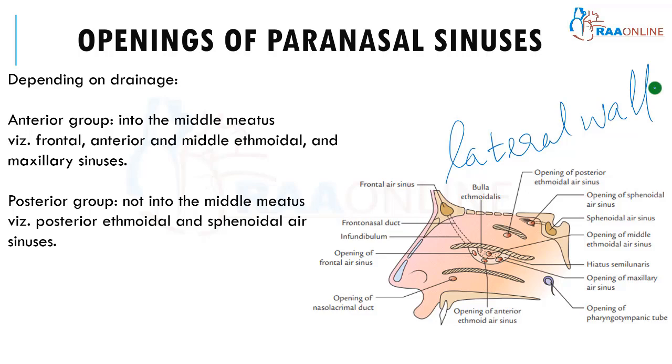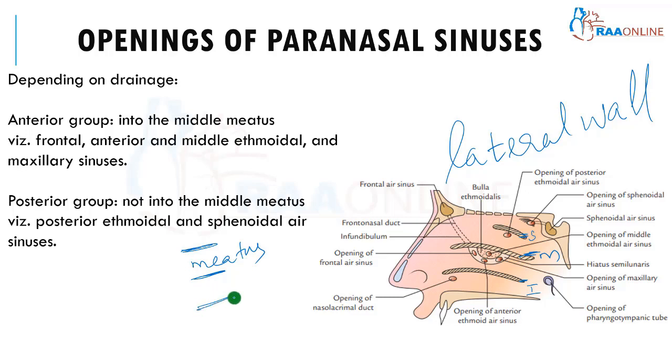You remember the shelf-like projections in the lateral wall of the nose are called the conchae. So, this is the superior nasal concha, middle nasal concha, and this is the inferior nasal concha. And what are the areas beneath these conchae called? Between the superior and the middle is the superior meatus of the nose.